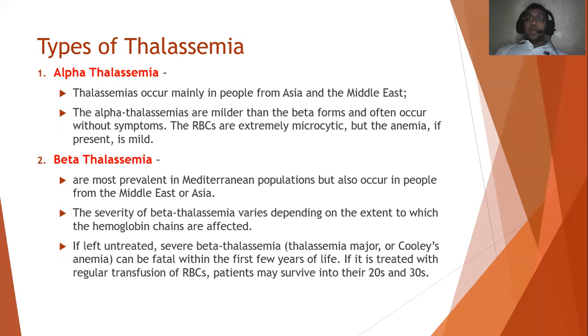If left untreated, severe beta thalassemia, such as thalassemia major or Cooley's anemia, can be fatal within the first few years of life. If it is treated with regular transfusion of RBCs, sadly, patients may still survive only up to their 20s or 30s. So their lifespan is very short.